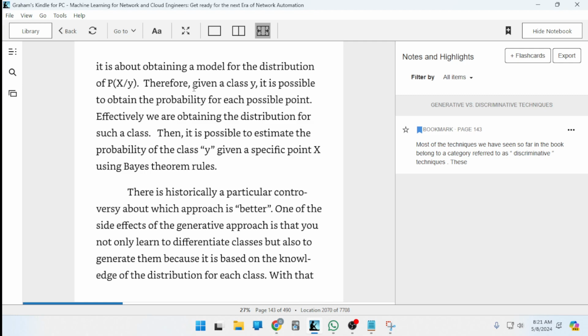There is historically a particular controversy about which approach is better. One of the side effects of the generative approach is that you not only learn to differentiate classes, but also to generate them, because it is based on the knowledge of the distribution for each class.